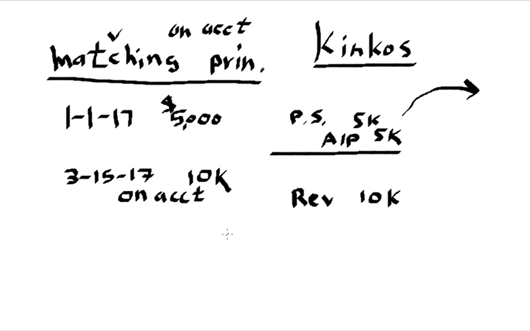I'll give you a minute to think about it. If you sold, cash will eventually be coming in. You would normally debit cash because it's an asset and it's going up. The problem is on account means you're getting an accounts receivable.